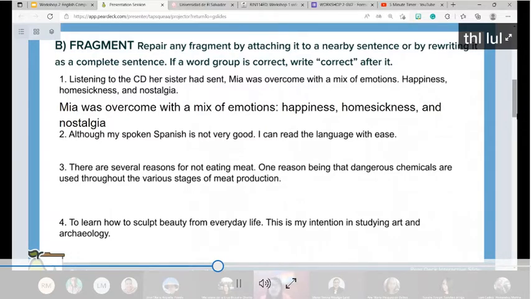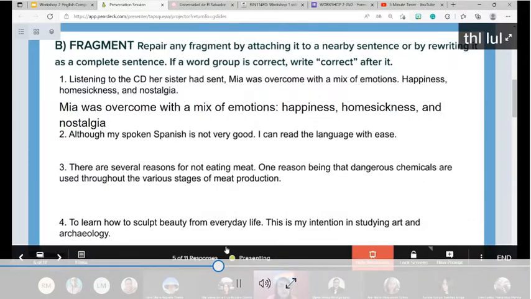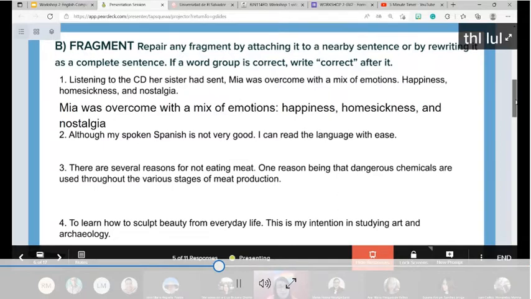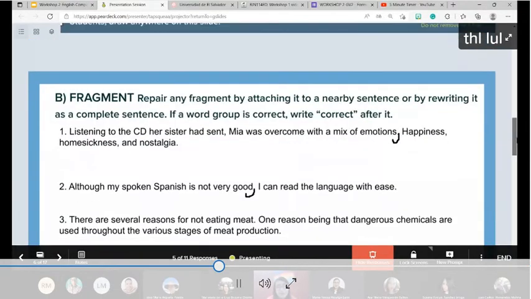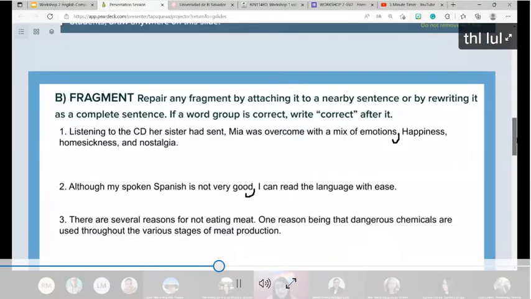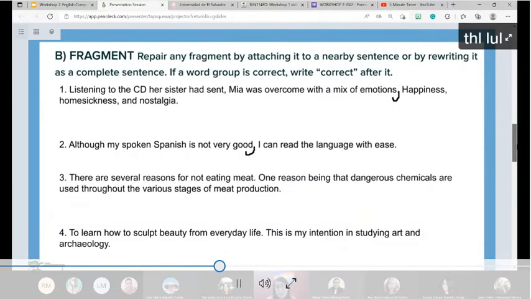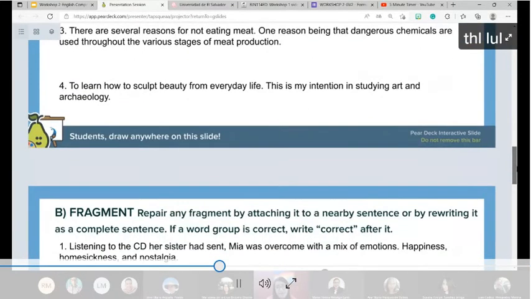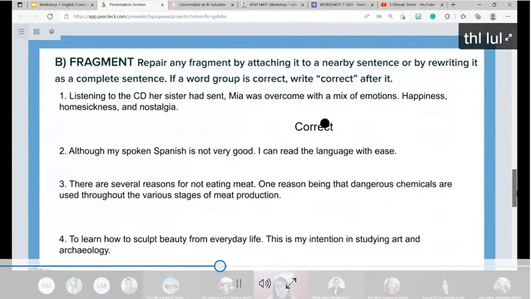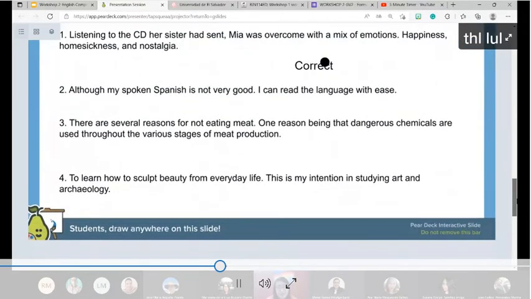We are using a colon here: happiness, homesickness, and nostalgia. And the dot which is missing right here. So let's continue. Almost there. No, first one is not correct.